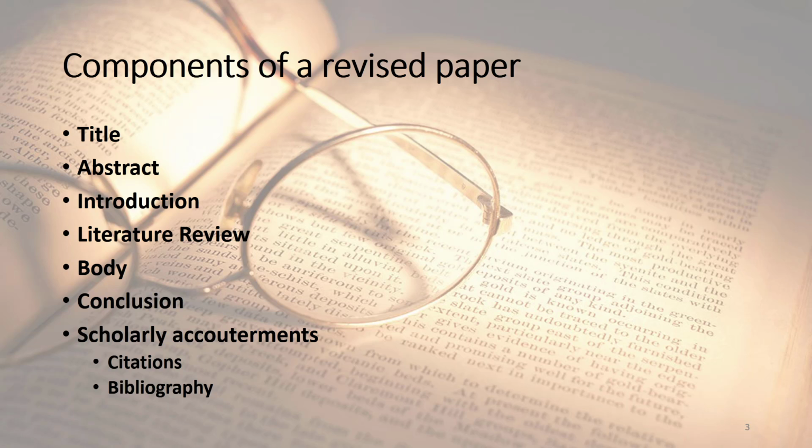What we want to look at now in these components of a revised paper are an expansion of those components to add a few more and to get a good idea about what should be in each of these components.